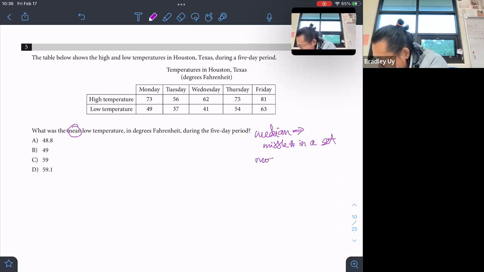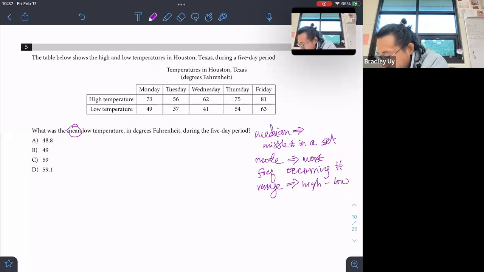And the mode is the most frequently occurring number. And the range is the difference between the highest and lowest. You take the high number in the set minus the low number, and that will provide the range.